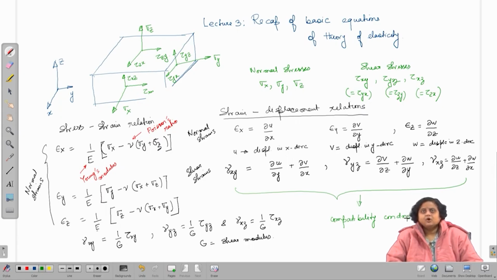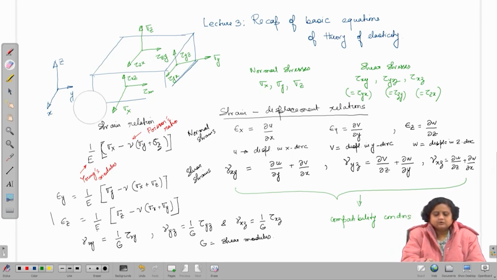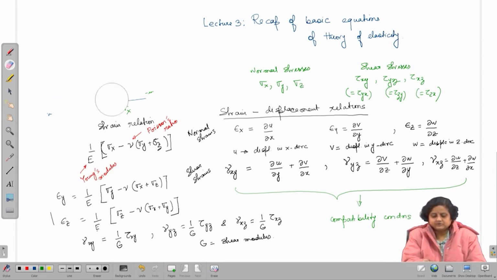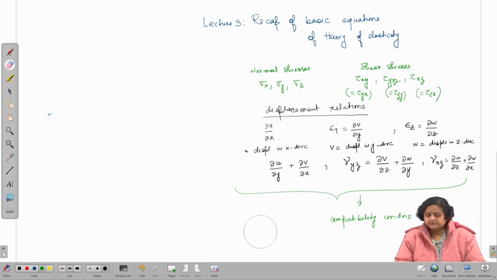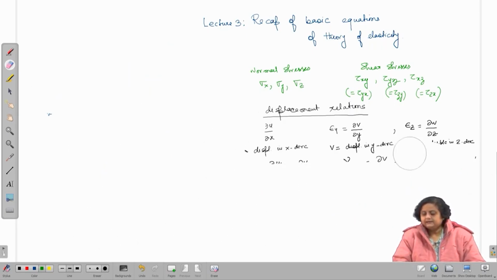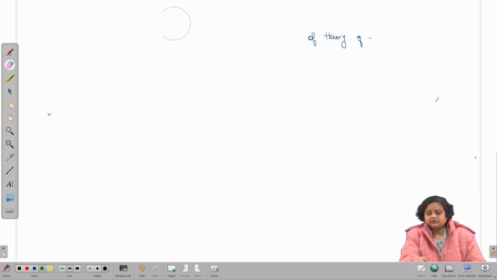So, next we will be solving the problem of torsion of a shaft with circular cross section. Most of you have studied the problem of torsion of a shaft with circular cross section in the previous courses, in any solid mechanics course or structures course.